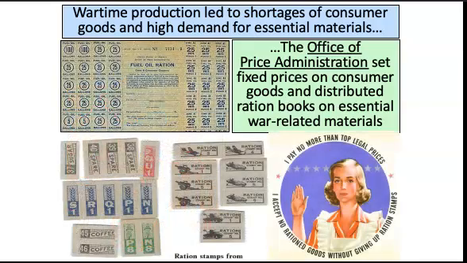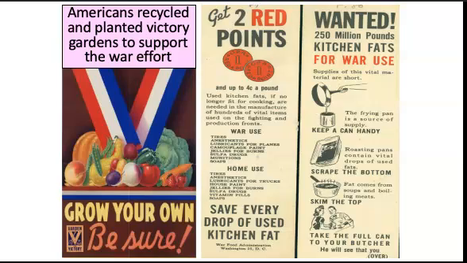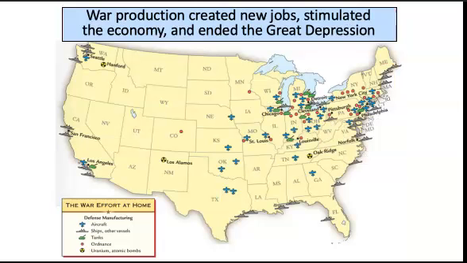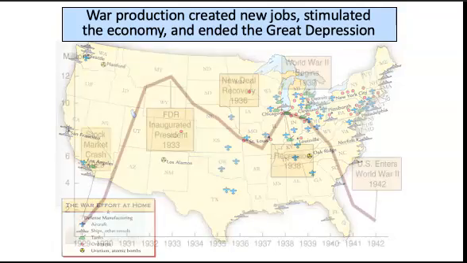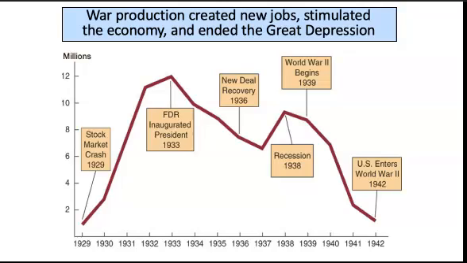People could be given those ration stamps like you see on the left-hand side. In addition to this, Americans recycled and planted victory gardens, all in the effort to help support the war effort. War production created new jobs, it stimulated the economy, and, as we can see from this chart right here, it helped to end the Great Depression.